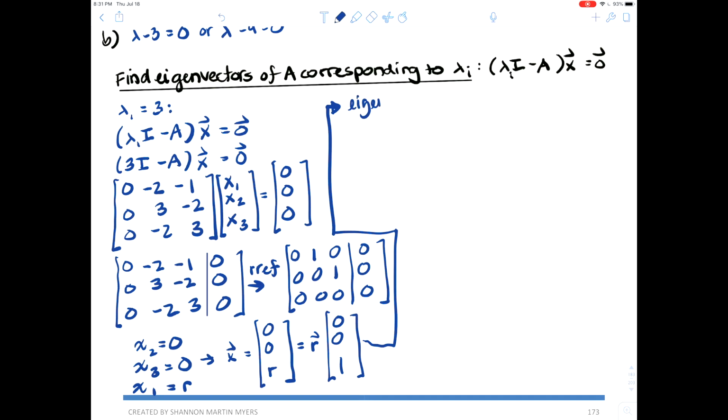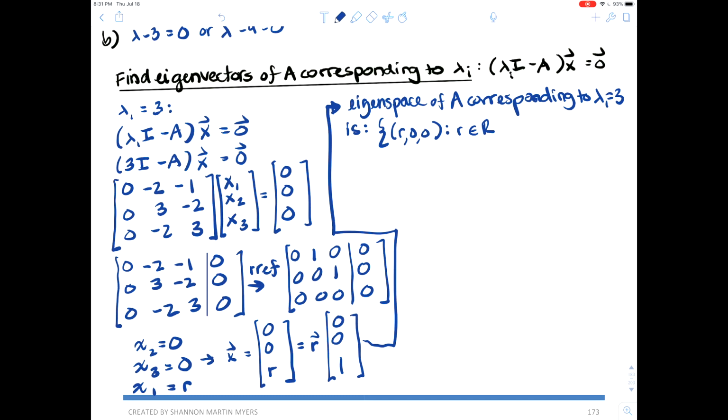The eigenspace of A corresponding to lambda 1 equal to 3 is the set of vectors r times 0, 0, 1, such that r belongs to the real numbers. Good so far? All right. So we're good there.